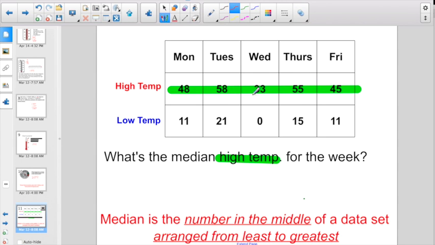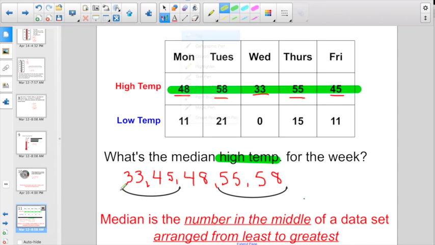So my smallest number I have right now, I'm starting off with 33 degrees. My next smallest number, 45 degrees. Then it looks like I'm up to 48 degrees. Finally, 55 degrees. And my last number up, my greatest temperature in the high temperatures, was 58 degrees.